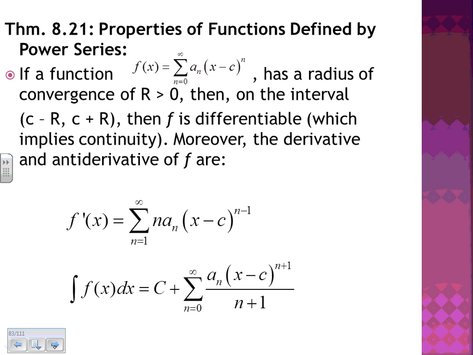Ready? Yeah. You can take the derivatives and the antiderivatives of a power series. Tell your neighbors that. Okay. Now, notes are pretty time consuming, and if we want to talk about this more in detail later, we can.